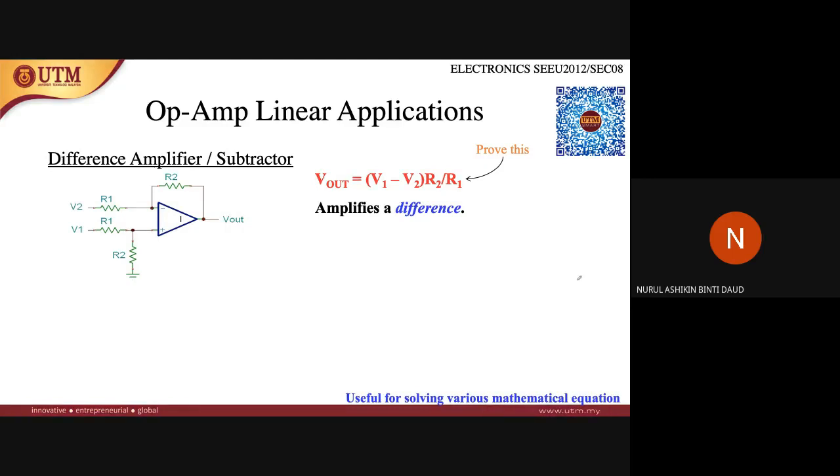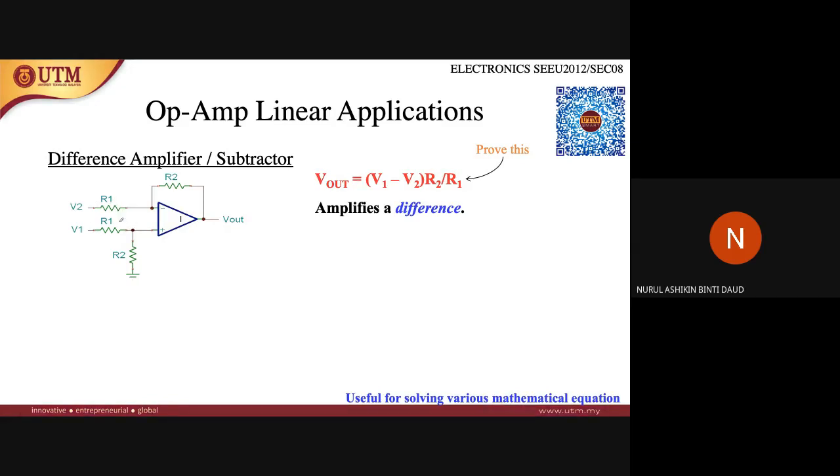So let's look here. In the difference amplifier or subtractor, you can see there are two voltage supplies, V1 and V2, each connected with a resistor R1.